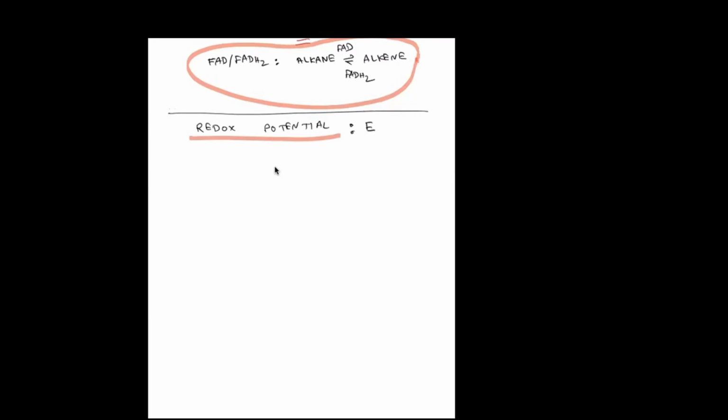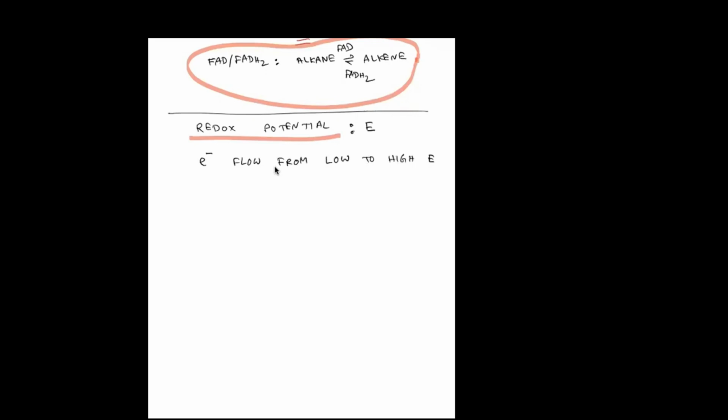So always, this is also another thing to remember, the electrons are always going to flow from low to high redox potential.